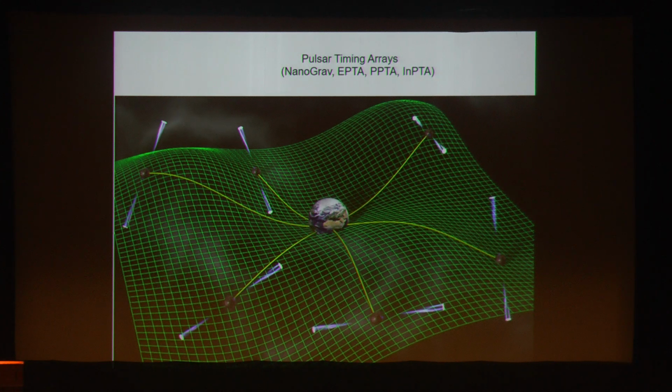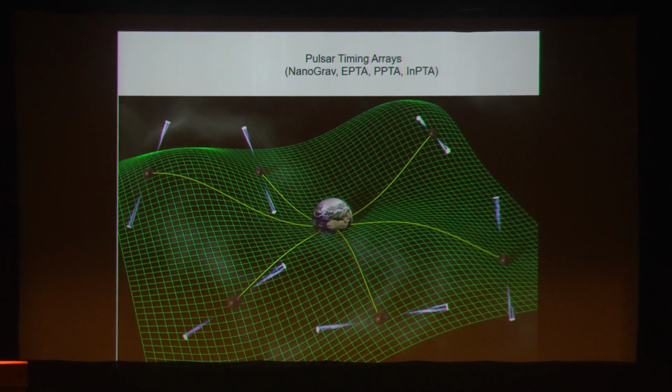This is the pulsar timing technique. Here you can see a network of pulsars. When this stochastic gravitational wave background passes through these pulsars, there will be a delay in the arrival of the pulse from the pulsar to the observer.